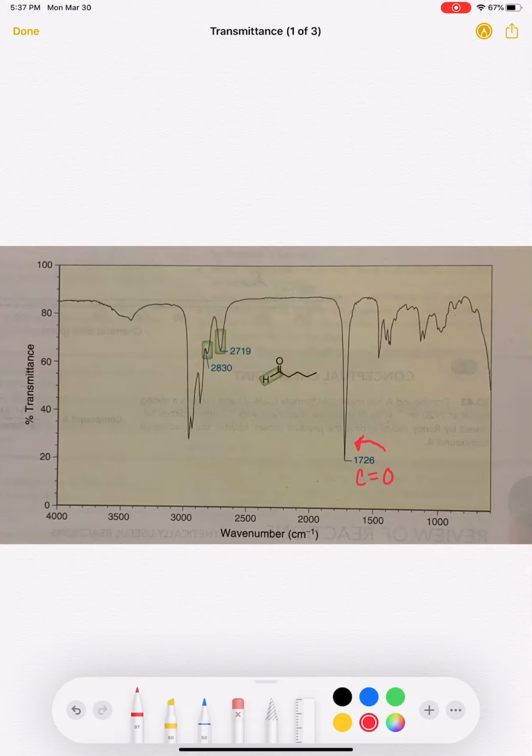Also for aldehydes, only aldehydes, we're going to see two peaks in this area around 2700 and 2800. And this again is just for aldehydes. It's for the hydrogen that's attached to the carbonyl group. And in class we talked about how these peaks a lot of times can be kind of hard to see.